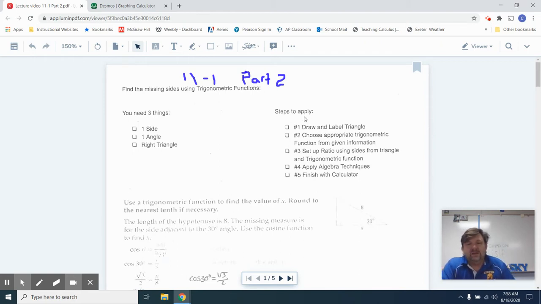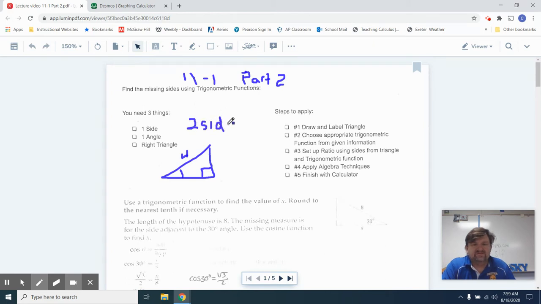Steps to apply. So if I'm looking at a triangle, I need this angle and let's say this side. I need a hypotenuse. If I've got those two things and I know that this is a right triangle, I'm good. Okay. You need at least these three things, but you can also get away with two sides only.